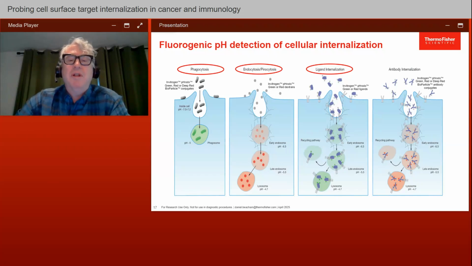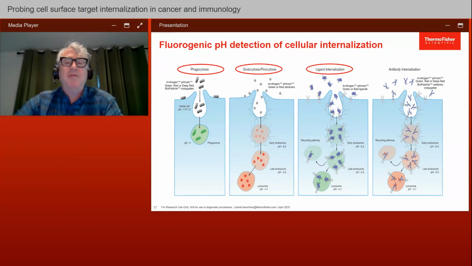So the classical and most cited use of pH dyes is visualizing the entry of labeled bacteria by macrophages in the traditional phagocytosis measurement, where we have dedicated cells that recognize these cargoes, and then they fluoresce in a time and dose dependent way as the compartment gets acidified.